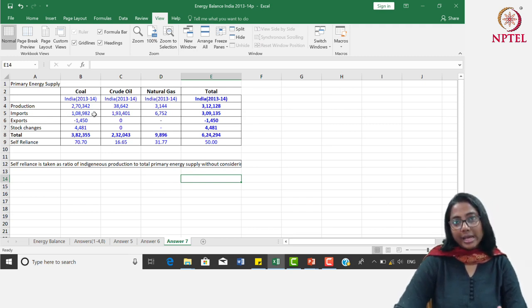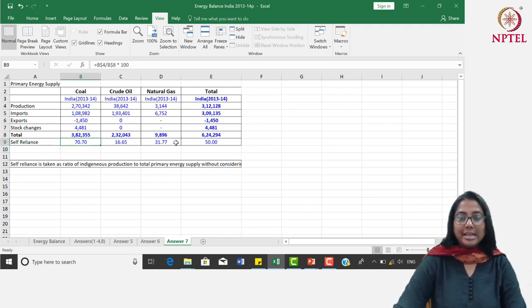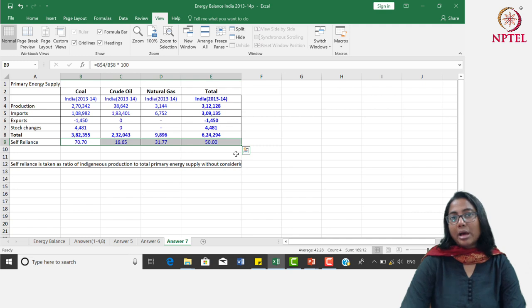So although you rely on other countries to import certain kinds of fuel, you also supply a lot of fuel in the global market, and that balances the situation. So when you are analyzing these numbers, it's good to come up with some qualitative analysis of the geopolitics, especially when you are talking about energy security and self-reliance.